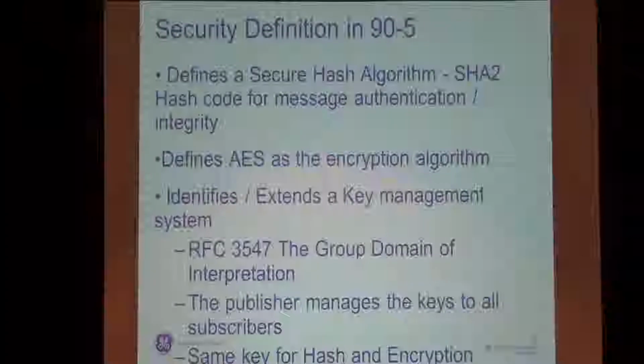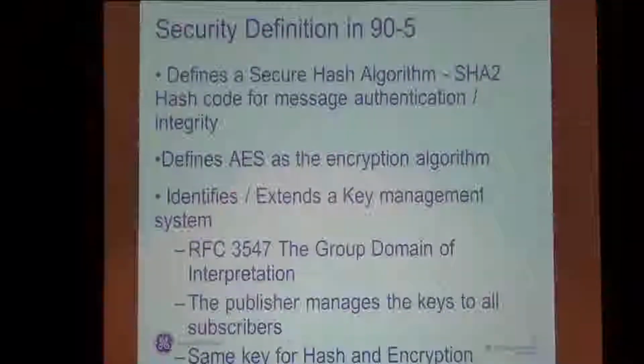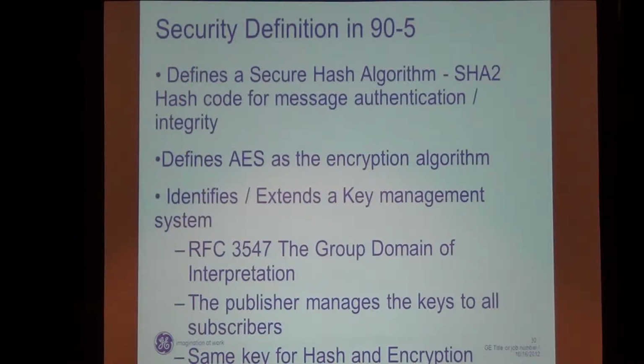So the publisher and the subscriber have to share the same key for a given set of messages. The mechanism to do this is known as the Group Domain of Interpretation, usually abbreviated as GDOI, and it is an internet standard known as RFC 3547. So this defines the mechanism for sharing the keys between all the devices.